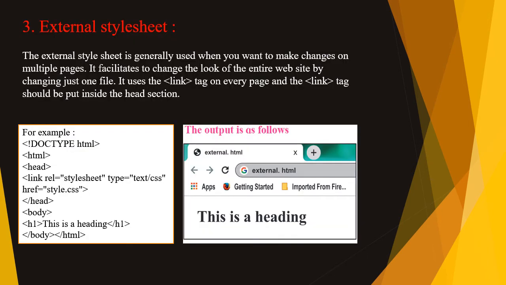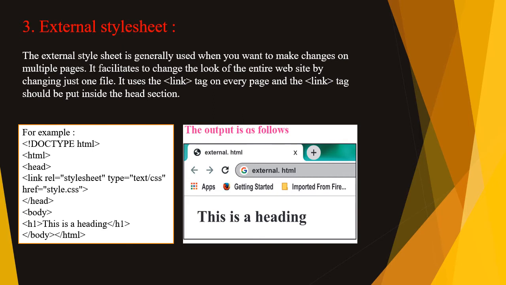Next is external style sheet. External style sheet is generally used when you want to make changes on multiple pages. It facilitates changing the look of the entire website by changing just one file. It uses the link tag on every page, and the link tag should be put inside the heading section.